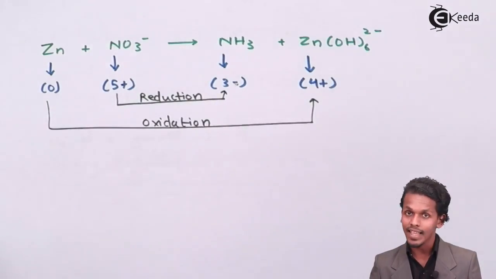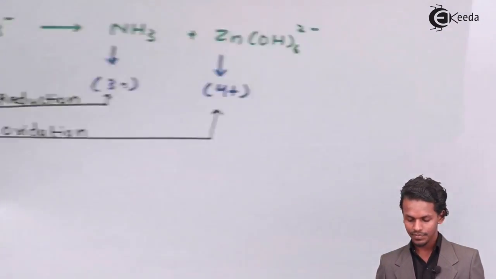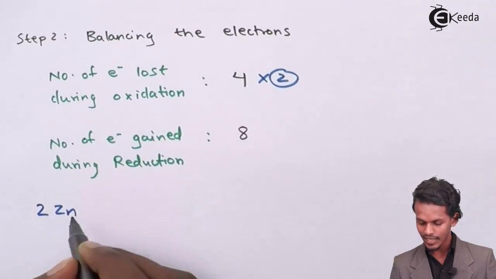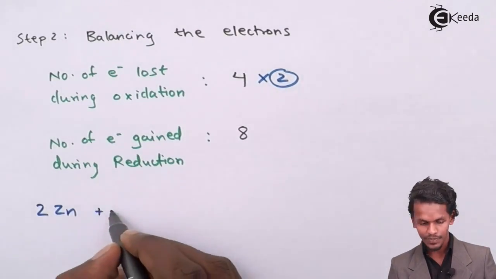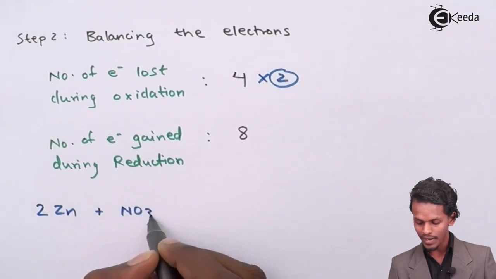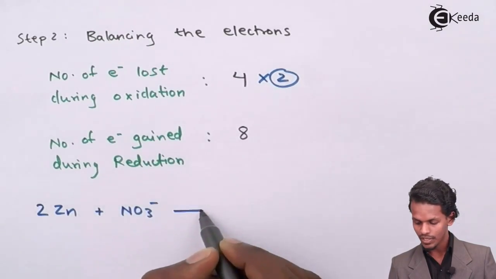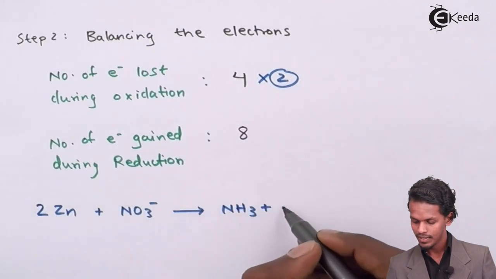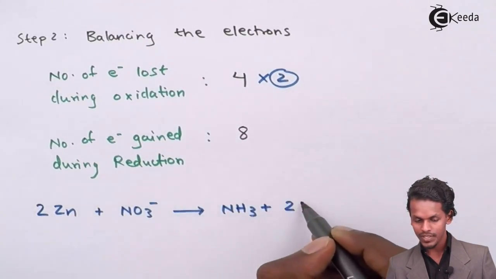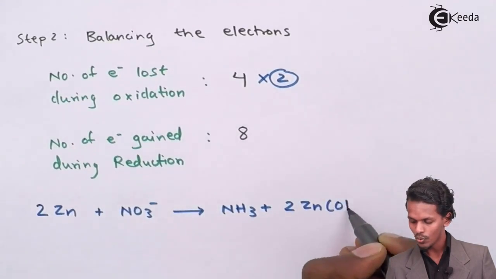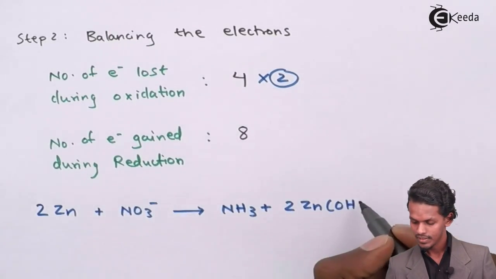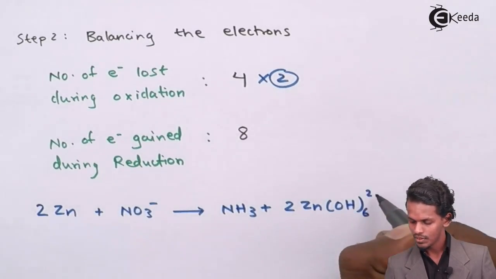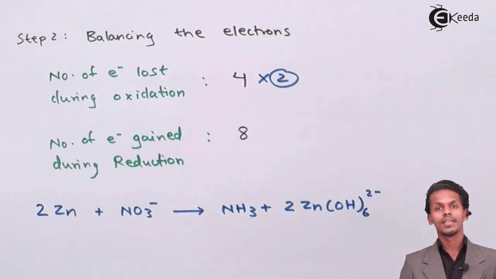So I would get the answer as 2 times zinc, or 2 moles of zinc, plus NO3 minus, that should give me NH3, plus again 2 times ZnOH 6, 2 minus.